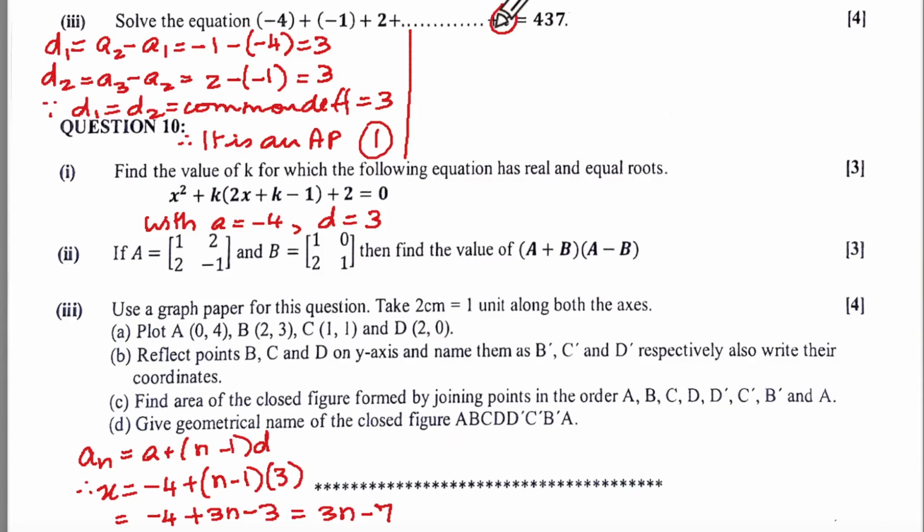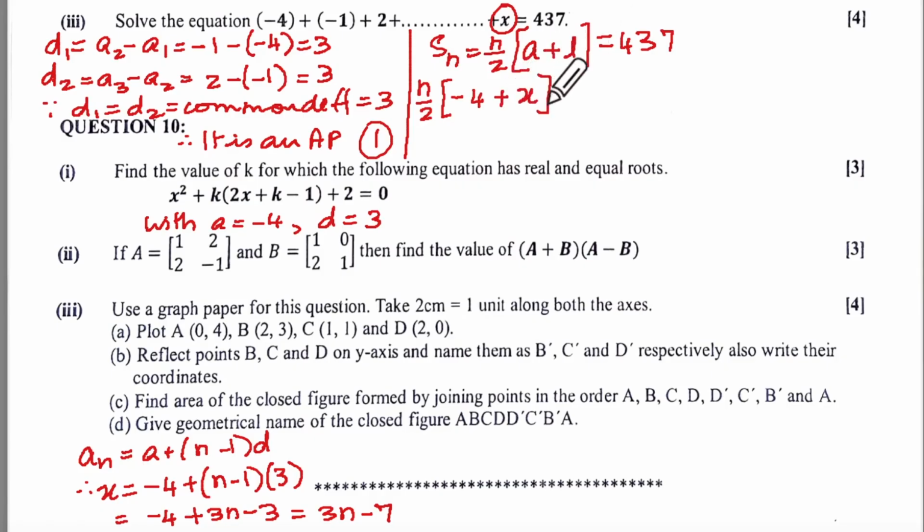Now this is the summation. They are telling you Sn, which is n upon 2 into bracket, I'm going to use A plus L, and that is equal to 437. Are you with me? Yes, ma'am. So n upon 2 into bracket A is minus 4 plus L is x.